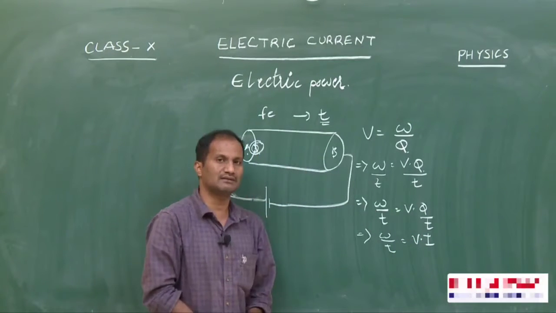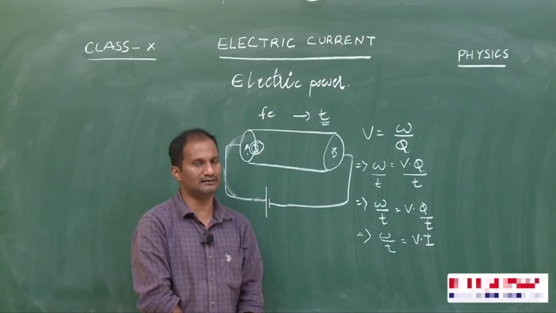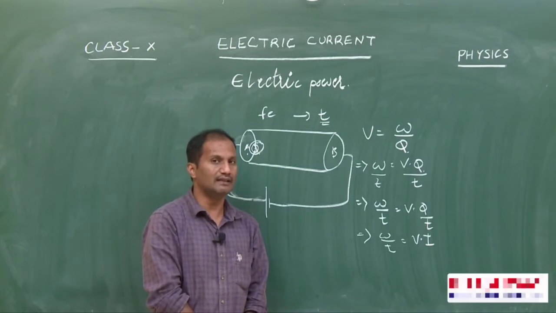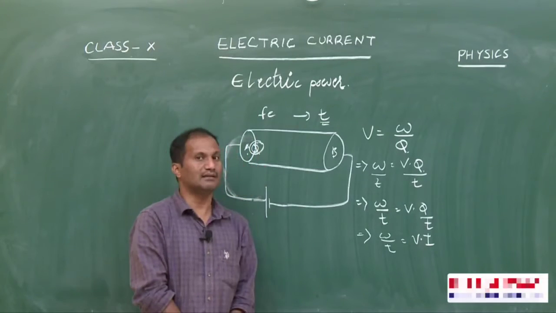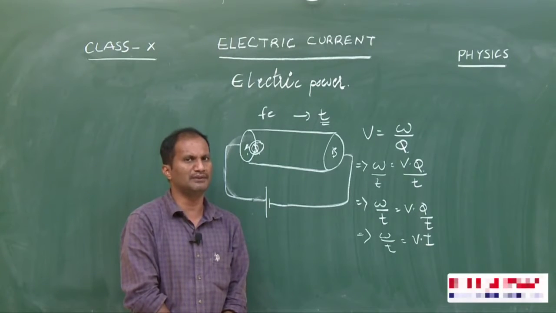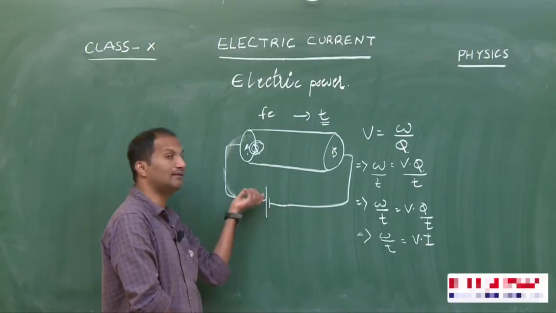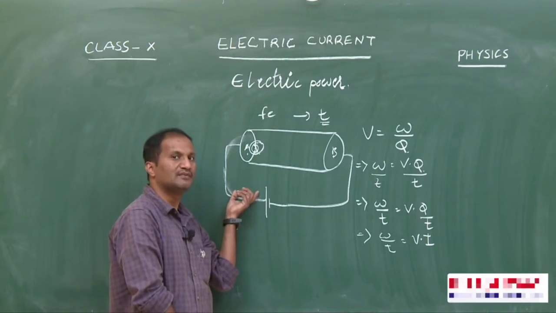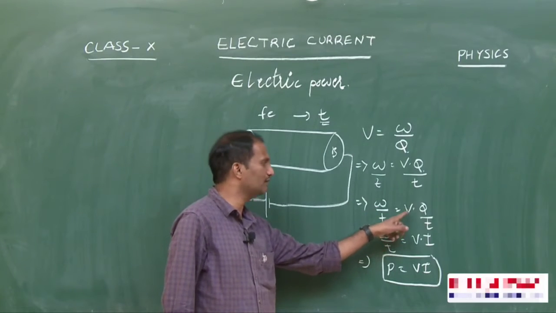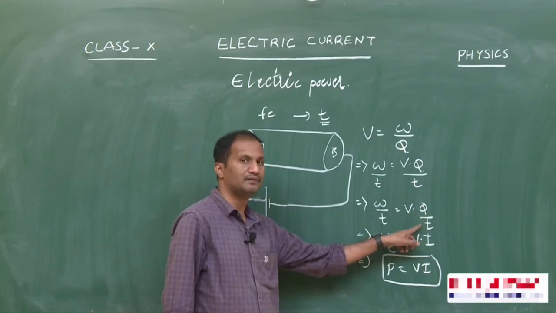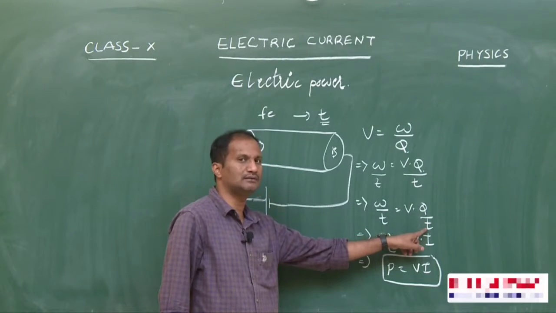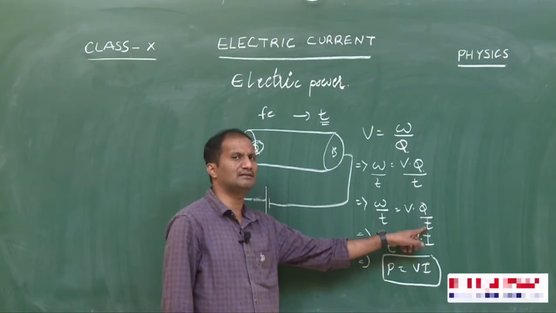In previous classes we already learned that the rate of doing work is nothing but power. Here the rate of doing work is the rate of doing electric work, so it is said to be electric power. W by T, the rate of doing work, is the product of V into Q by T. We know that Q by T, the rate of flow of electric charge through any cross section, is the current.